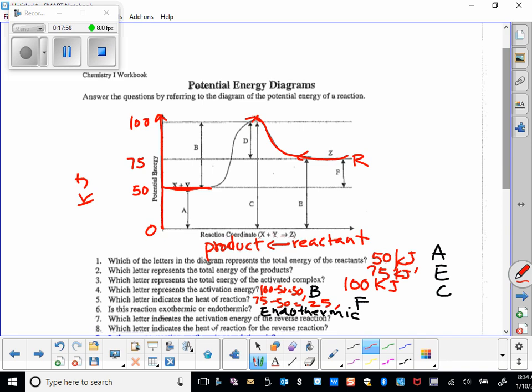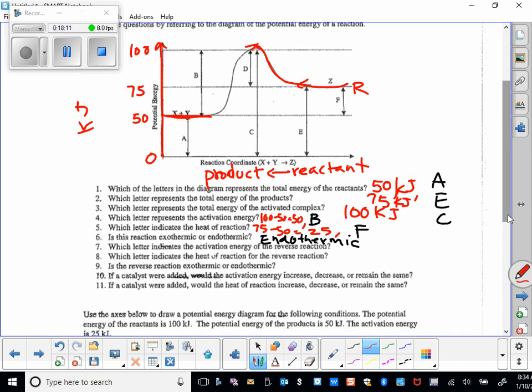D minus Z. No. You're not going to do that. First, give me numbers, and then we'll look at the alphabets. What is the top of the curve? 100. What is your reactant? 75. So what is the difference? 25.